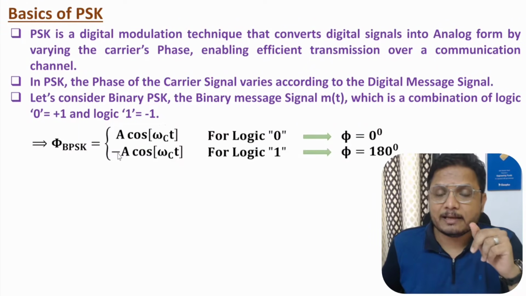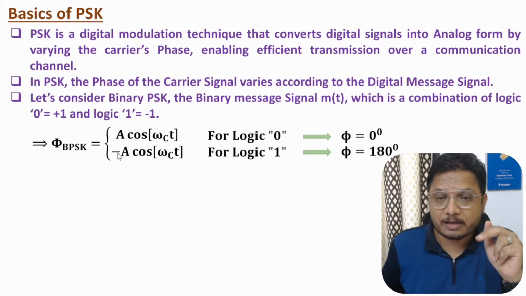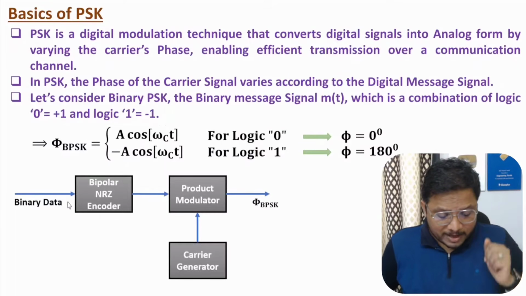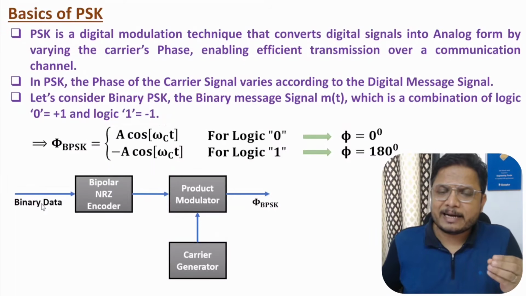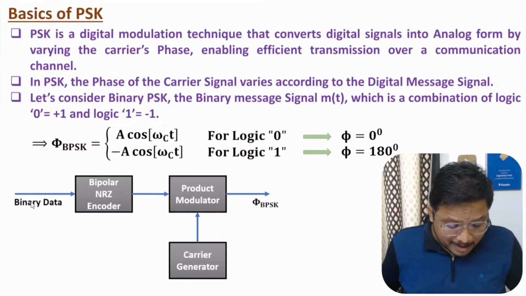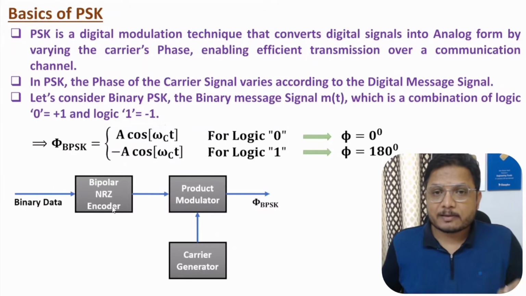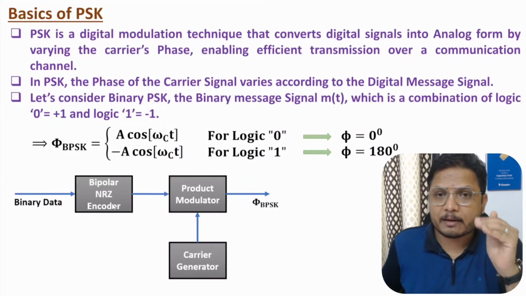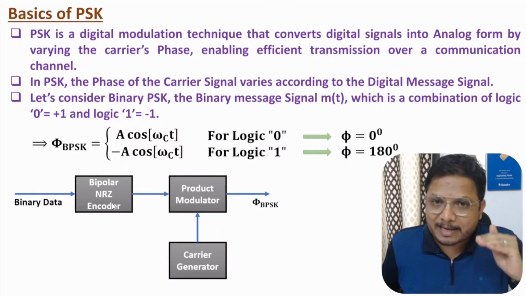Now let me explain how to do modulation of binary PSK. Here you can observe we have binary data. Binary data will be 0 and 1, right? First of all, that binary data we convert with the use of a bipolar NRZ encoder. In a bipolar NRZ encoder, we have +1 and -1.